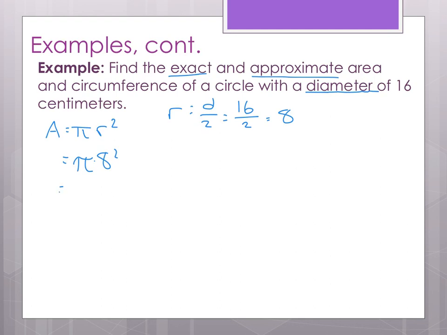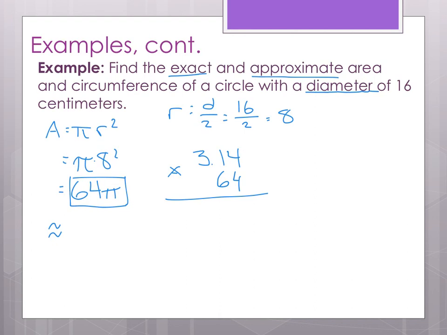When we square 8, we're going to get 64. And 64 pi is going to be our first answer, our exact answer. Then we can move on to find the approximate answer. We need to do 3.14 times 64, and that'll give us our approximate answer.